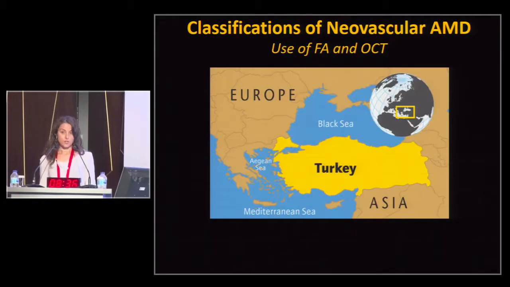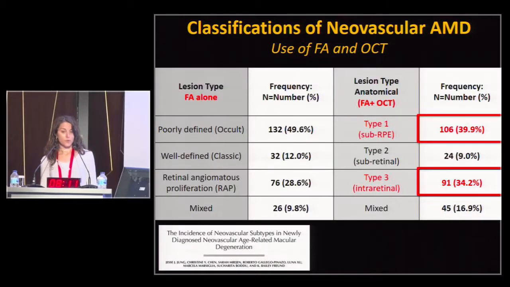So I'm not going to talk about the prevalence of each type of lesion because you all know especially, because of your special location between Asia and Europe. So we know that the prevalence is going to be really different depending on the area where we are, but especially for RAP or type 3 lesions and PCV. But it's important to point out that if we use fluorescein angiography only, we are going to misdiagnose some of the types of lesions.